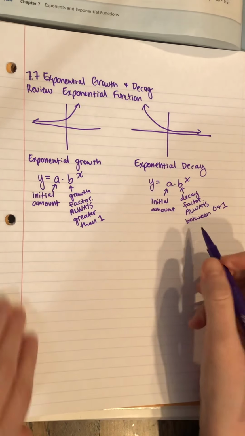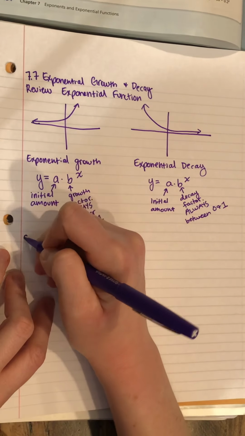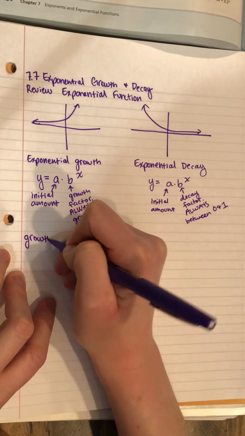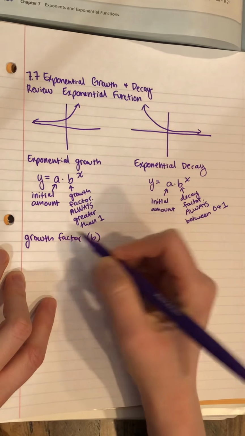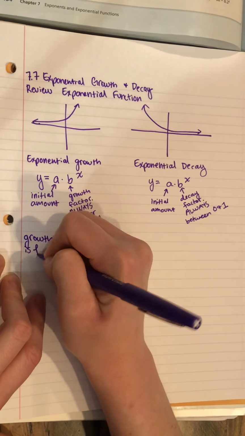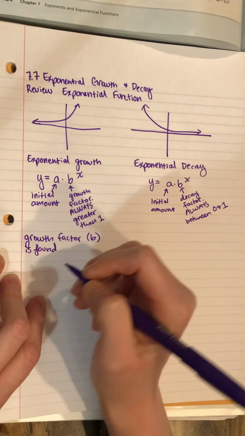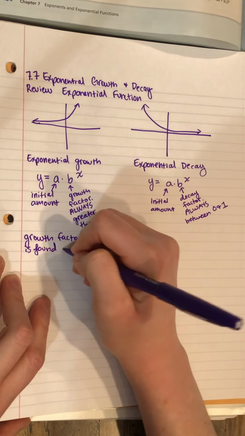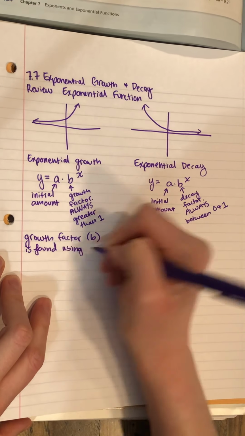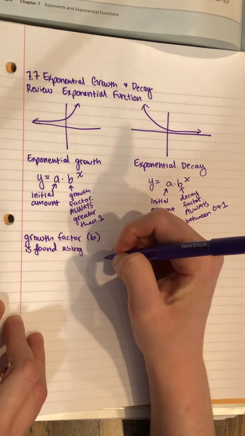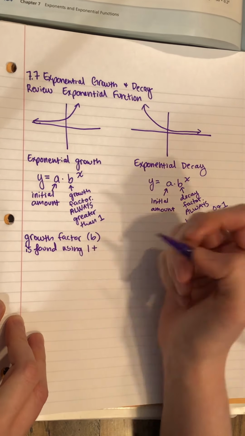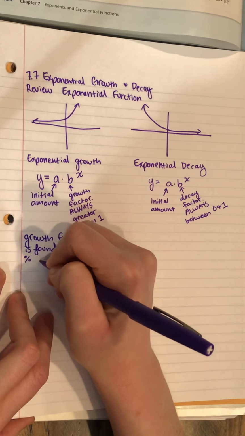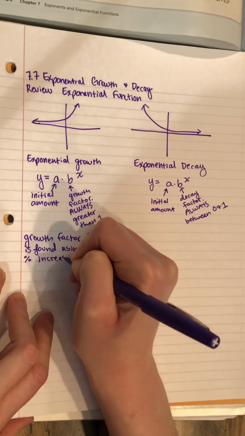The growth factor, which is b, is found using 1 plus the percent increase.